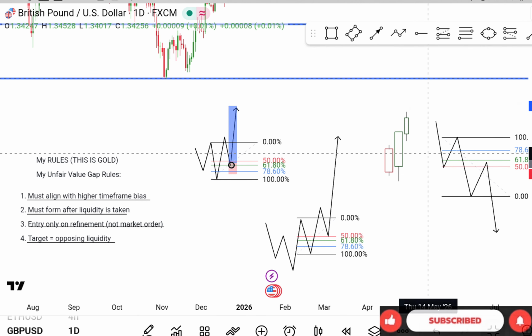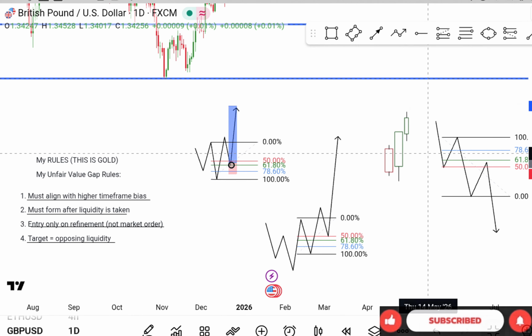So first of all, how will you always know the bias? How do you always know the trend that you can refine fair value gaps from? Sometimes we see bullish structures going without any retracement, forming higher highs and higher lows without any consolidation.